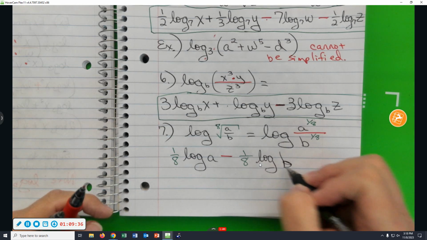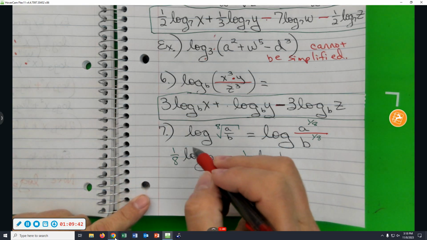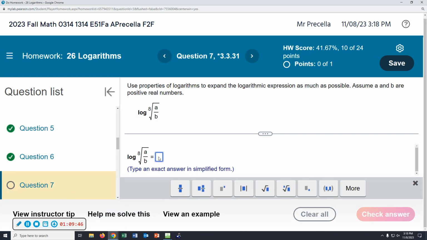It's sort of like a 6, but I know it's a B. So 1/8 log A, 1/8, right arrow. Notice we don't have to type in the subscript, just log A.